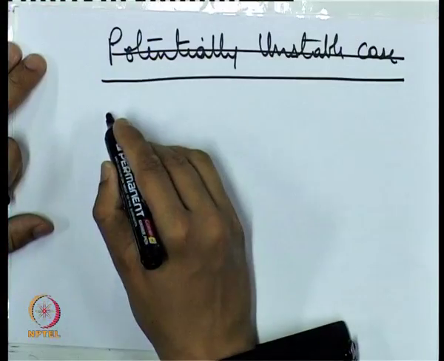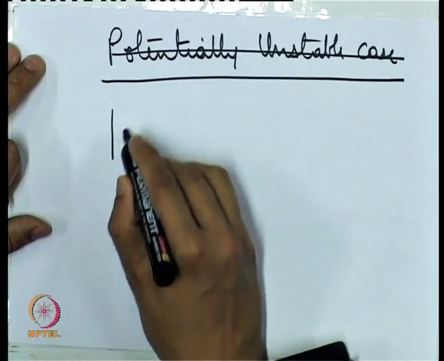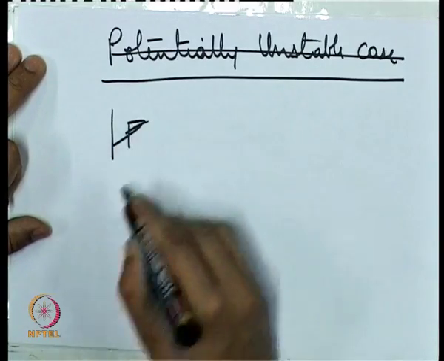So available power gain circles are very analogous to the operating power gain circles.